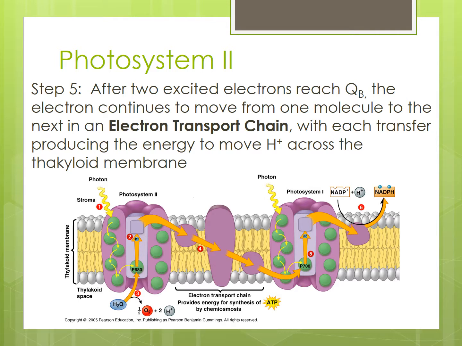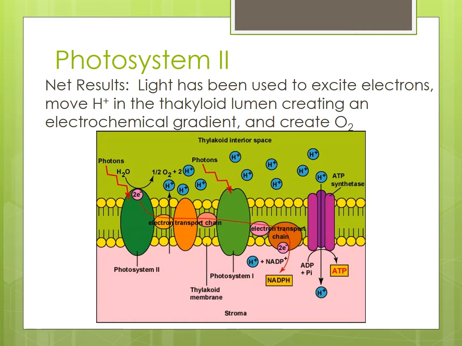We have all of these hydrogen on one side, but we're totally out of energy. So that's the end of PS2, photosystem 2. The net result of photosystem 2 is we have an electrochemical gradient produced, and we've converted water into oxygen.